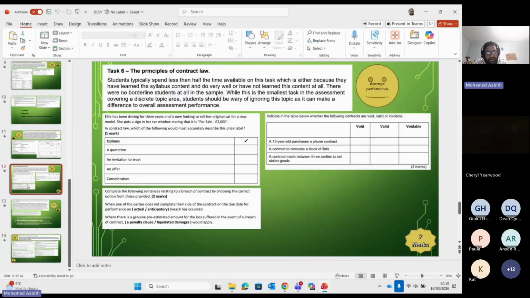Yeah, if they're saying a genuine pre-estimated amount for the loss suffered in the event of a breach of contract, because we have already predetermined that, this is what we call liquidated damages. If you search that on Google, you'll find a great explanation about it as well.